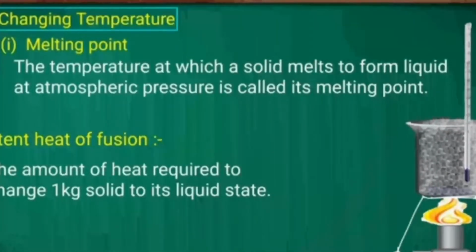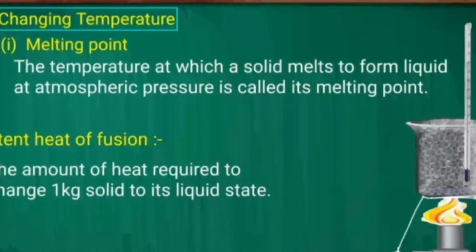When we continue to supply heat, this heat gets used up in changing the state by overcoming the force of attraction between the particles, meaning this heat energy is absorbed by ice without showing any rise in temperature, and it gets hidden into the contents of the beaker.